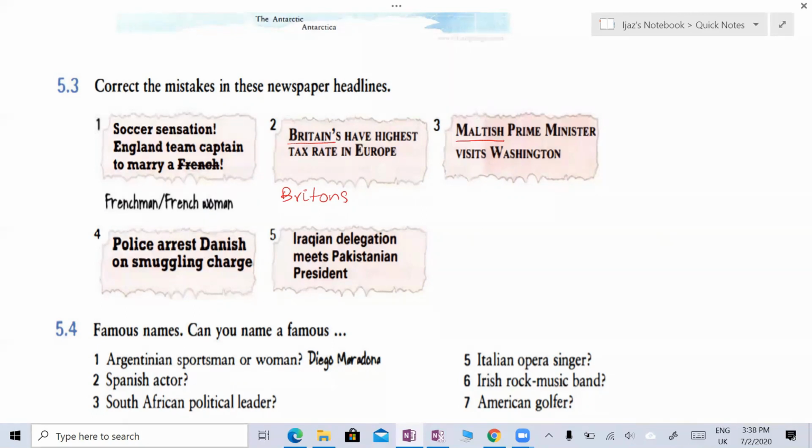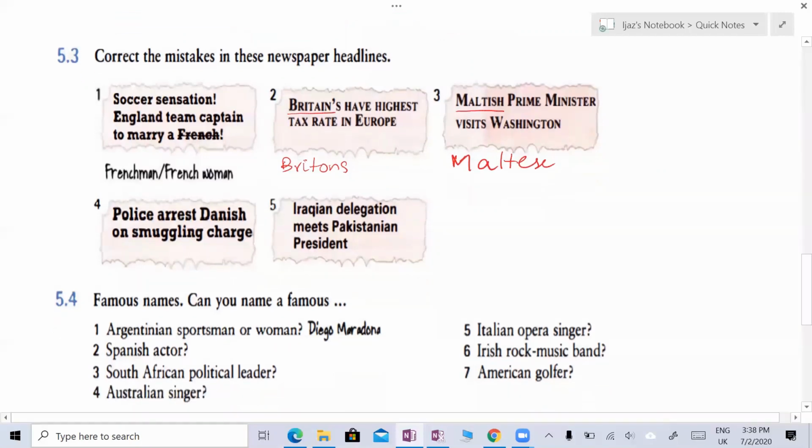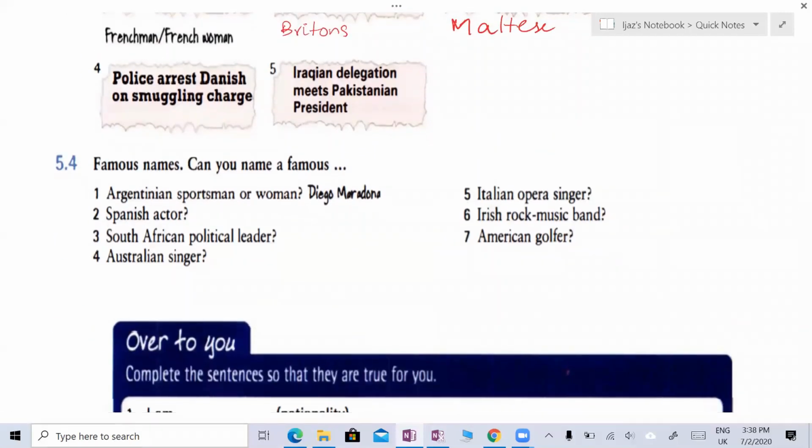Maltese? Not really. It's actually Maltese. Yeah. Maltese Prime Minister visits Washington. Okay, we move on to number 4.